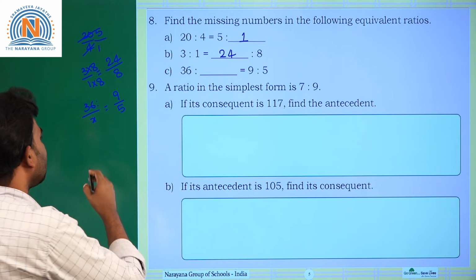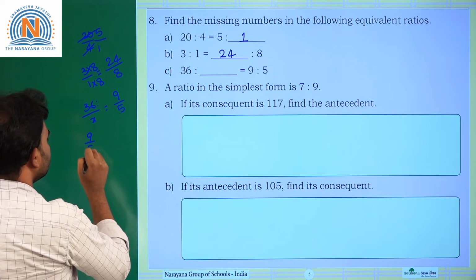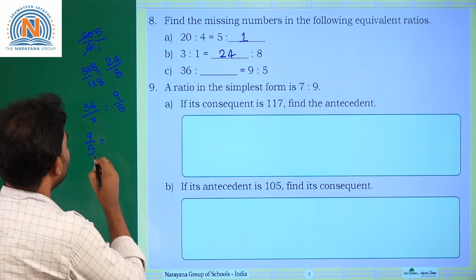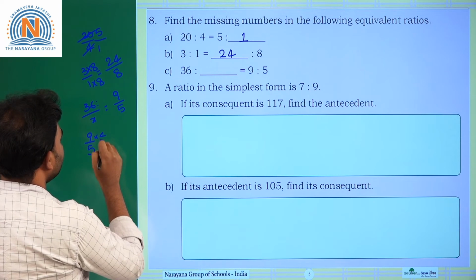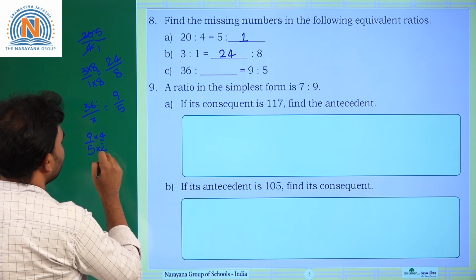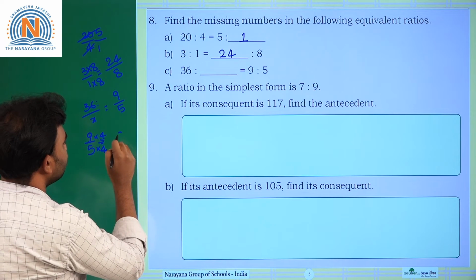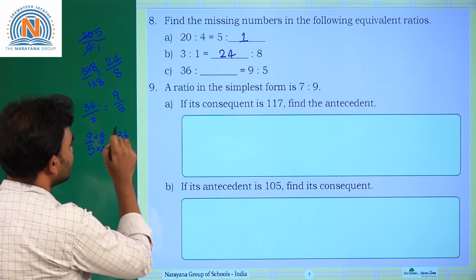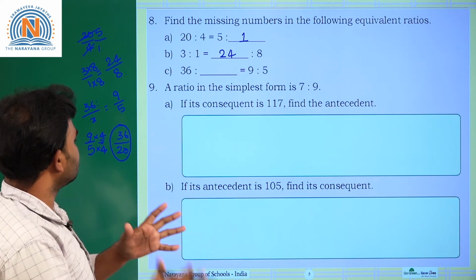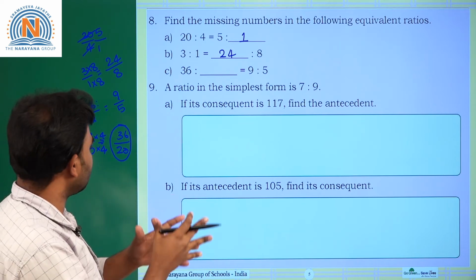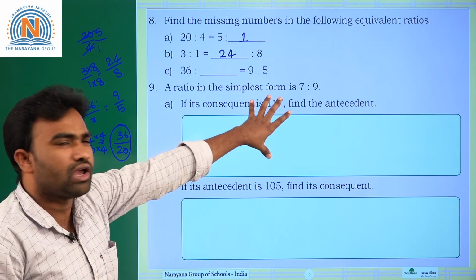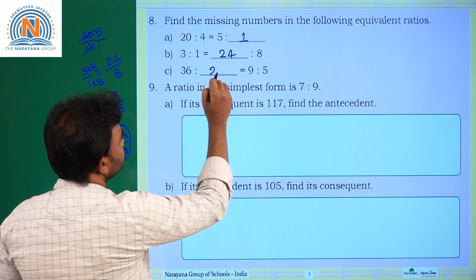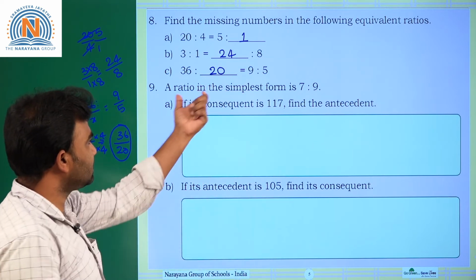Or else you take the equivalent fractions of 9 by 5. If we multiply 9 by 5 with 4 by 4, then we will get 9 fours 36. Yes, we are getting 36. 5 fours 20. So the equivalent ratio of 9:5 is 36 by 20, or 36 is to 20. So the answer is 20.